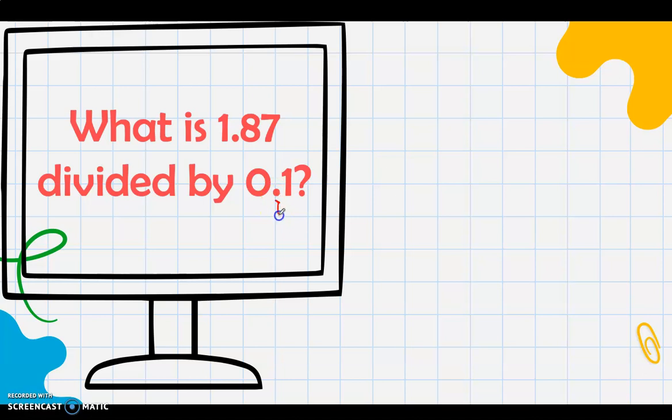As you can see, there's only one digit after the decimal point. We just have to move one place to the right. We have 1. Therefore, the answer is 18.7. So, no need to do the process of dividing. You just have to move to the left or to the right.